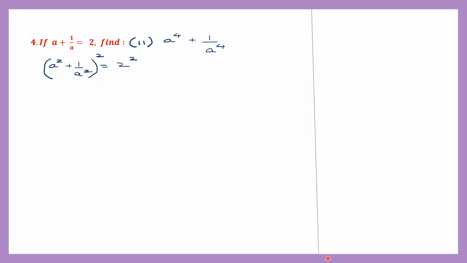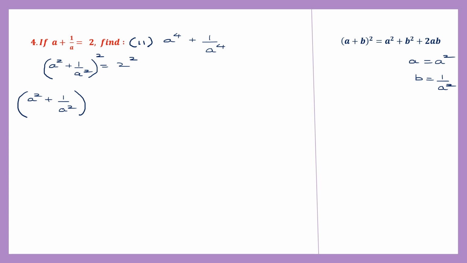So let's have that identity. So here a this time is going to be a square, that is the first term here, and b is equal to 1 by a square. Now let's apply this formula and get it. Now this is a square plus 1 by a square.